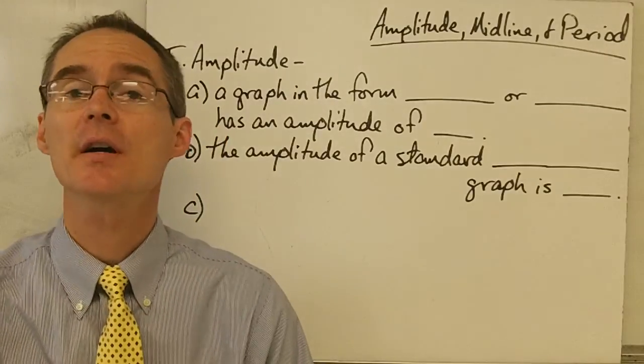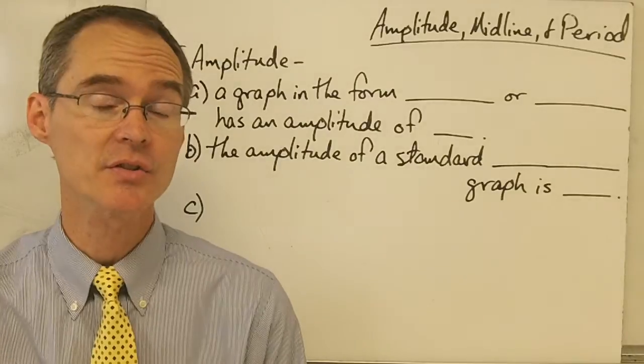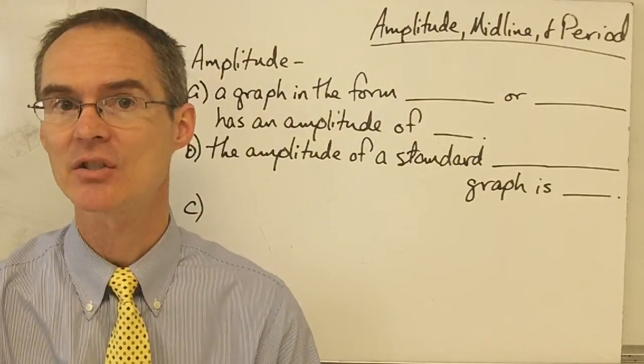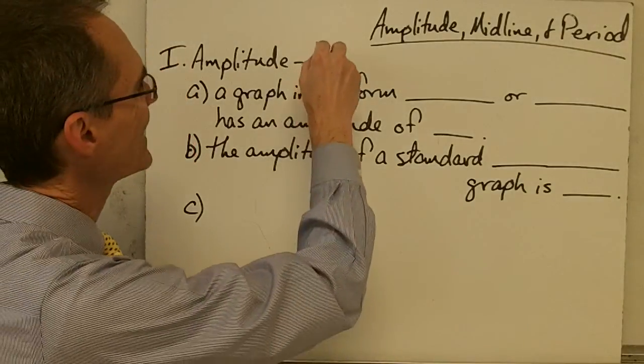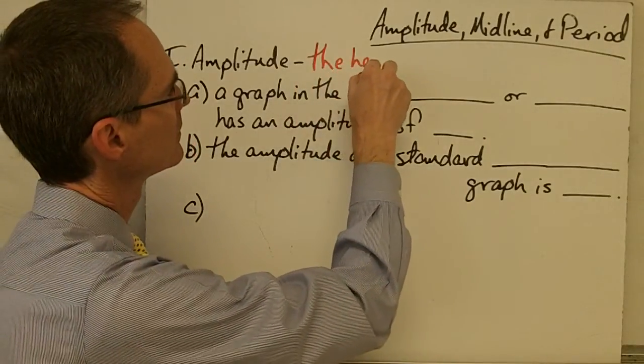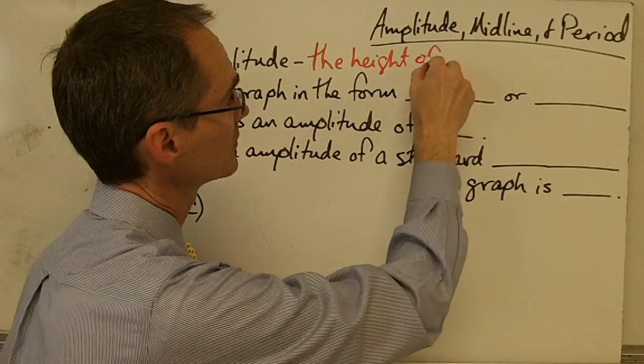Okay, in this video we're going to be talking about the amplitude, midline, and period of periodic functions, specifically the sine, cosine, and tangent functions. So the amplitude is just the height of a sine or cosine function.